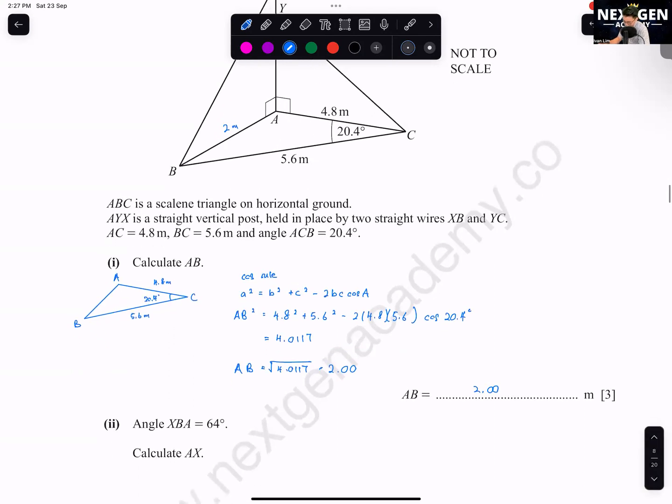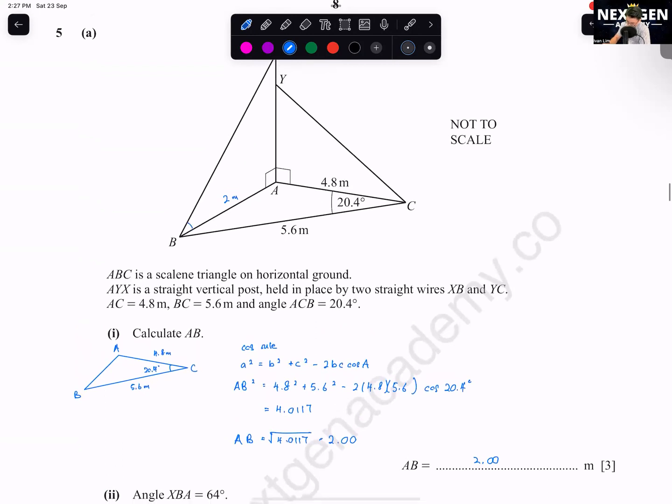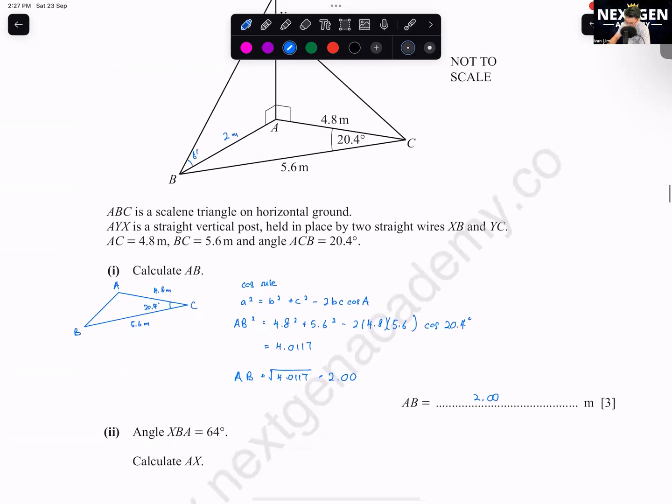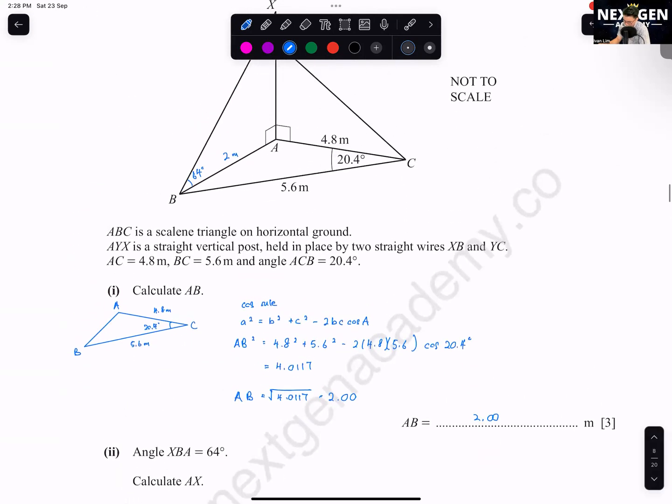Next one. Angle XBA. They wrote here XBA is 64 degrees. By the way, you all need to imagine this as a 3D diagram. It's standing up because they say it's a scalene triangle on the horizontal ground, with a vertical post. Okay, AX. How to find AX?